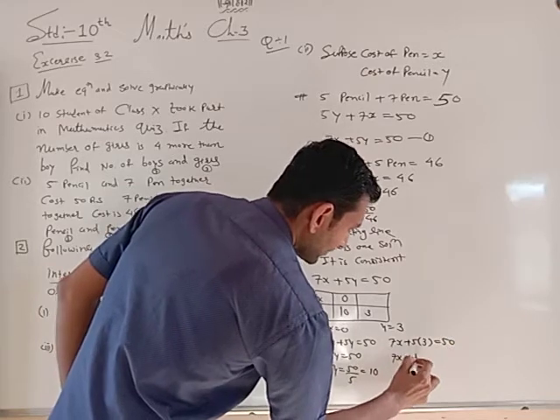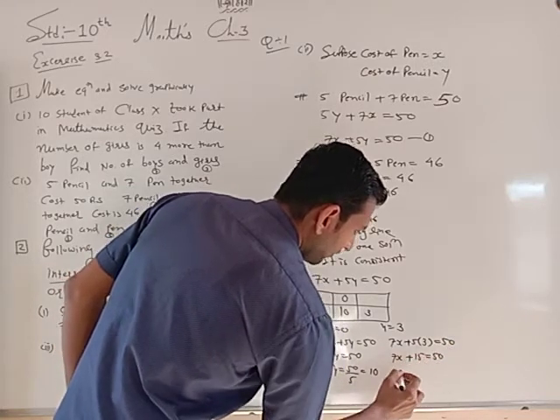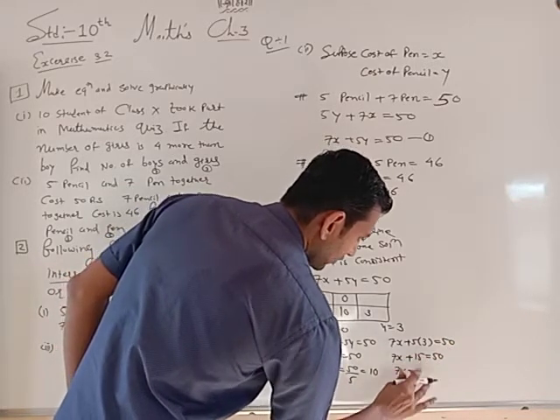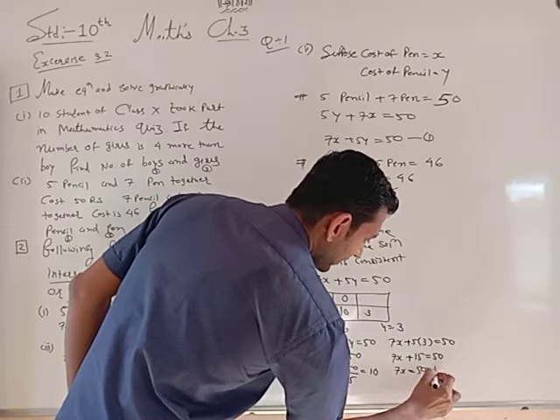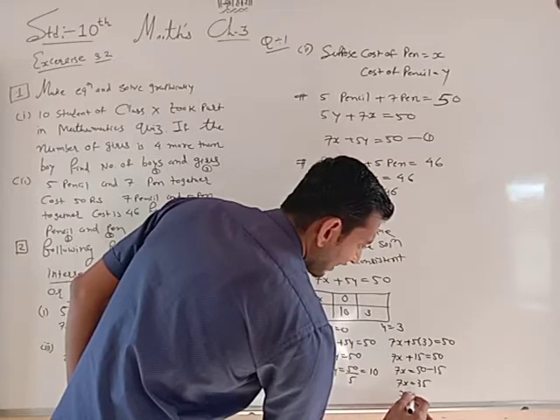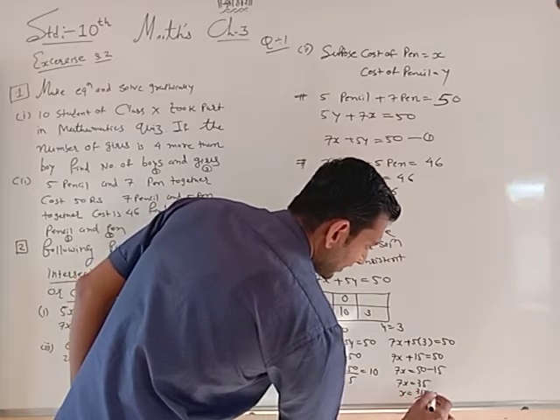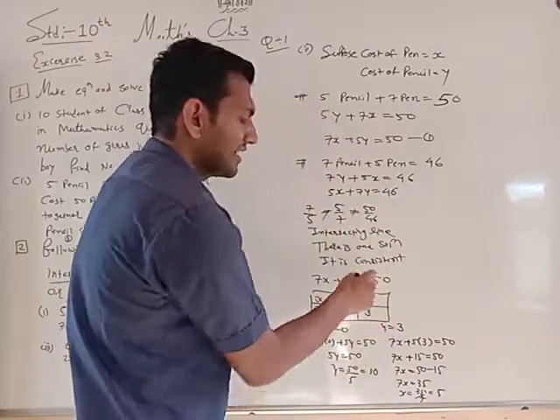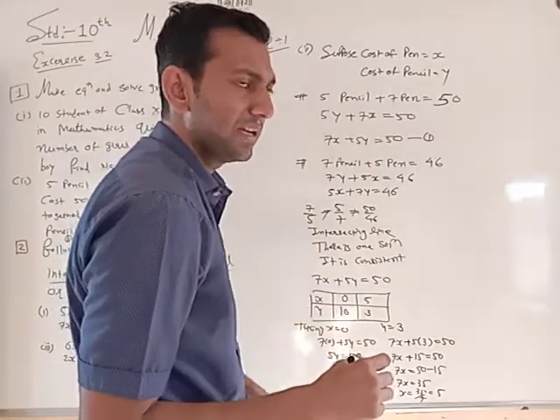So 7x plus 15 is equal to 50, 7x is equal to 50 minus 15, 7x is equal to 35, x is equal to 35 by 7, which is 5. So my solution is in the form of integers.